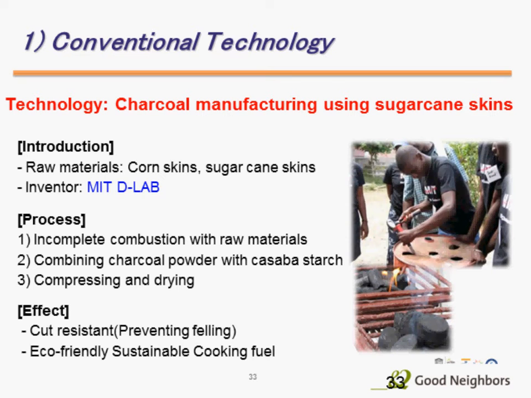The cassava has viscosity. Therefore, it acts as an adhesive when compressing the charcoal powder. When used like this, we can produce a bag of charcoal at very low cost.